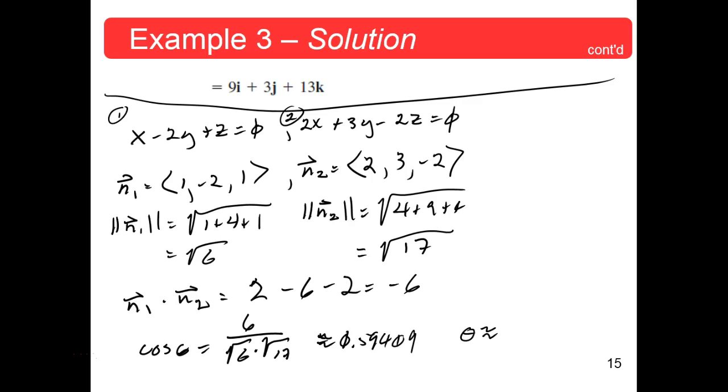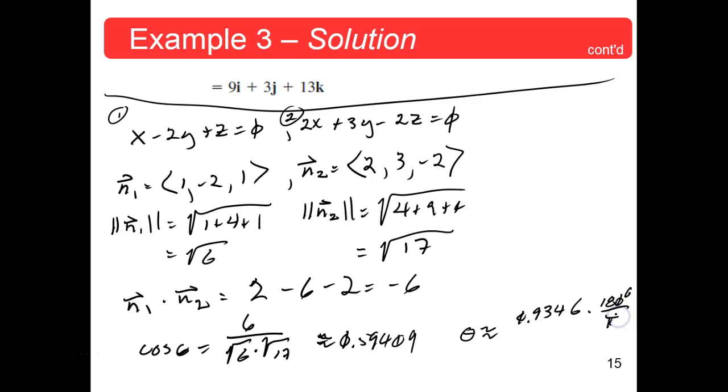What number did you get in radians? 0.93. Okay. Now, to get that to degrees, this is radians, there are 180 degrees for every pi radians.